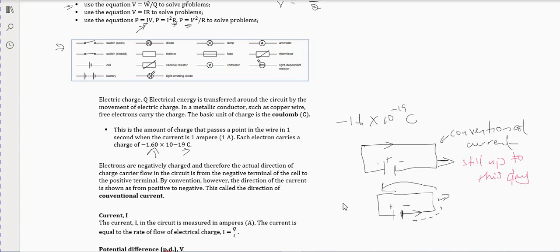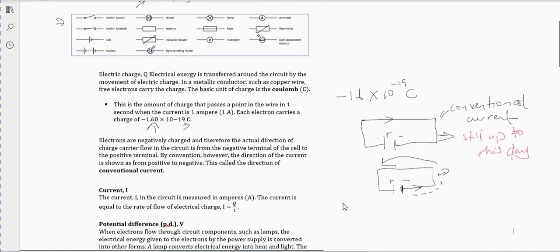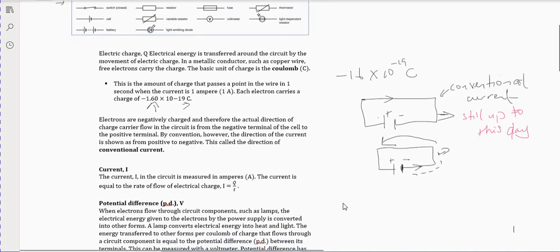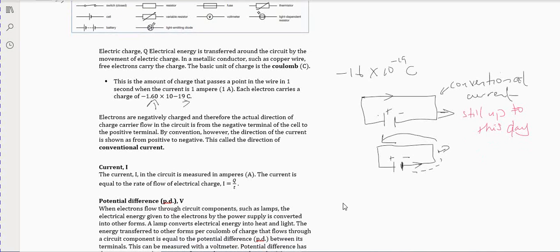Now, when we talk about current, we said earlier on that current is equal to the rate of flow of electrical charge, and this is how we would write our equation. Whenever we talk about rate, we're talking about time.